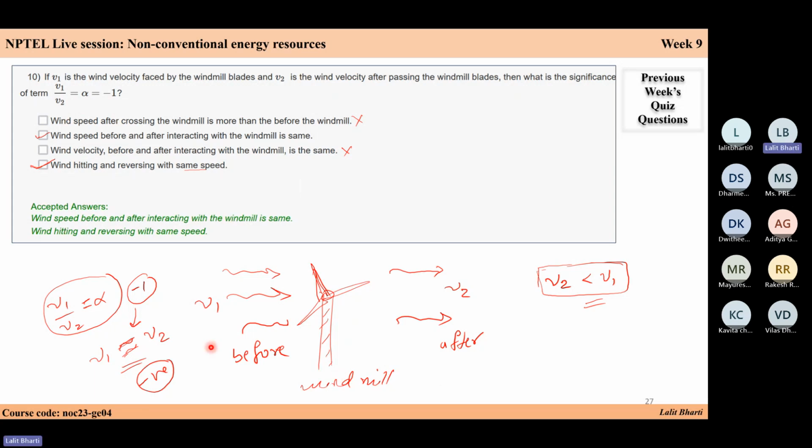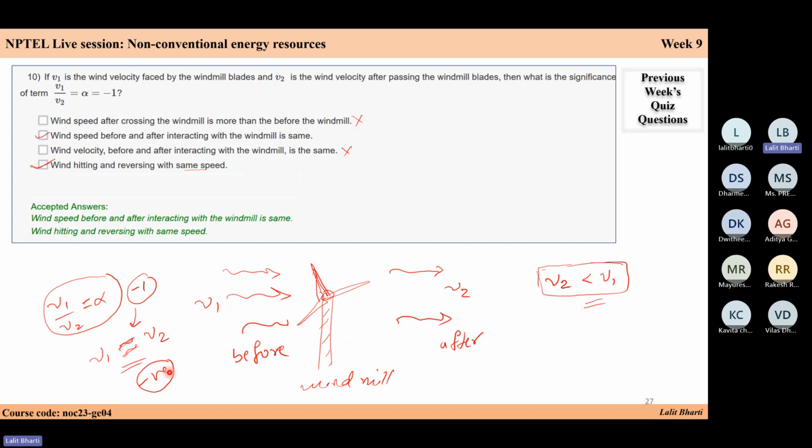So we have to see what V1 by V2 is. Basically this is the ratio of V1, the incident or incoming wind velocity, and the outgoing wind velocity. So this is alpha. Alpha is -1 means V1 is equal to V2 but with a negative sign.